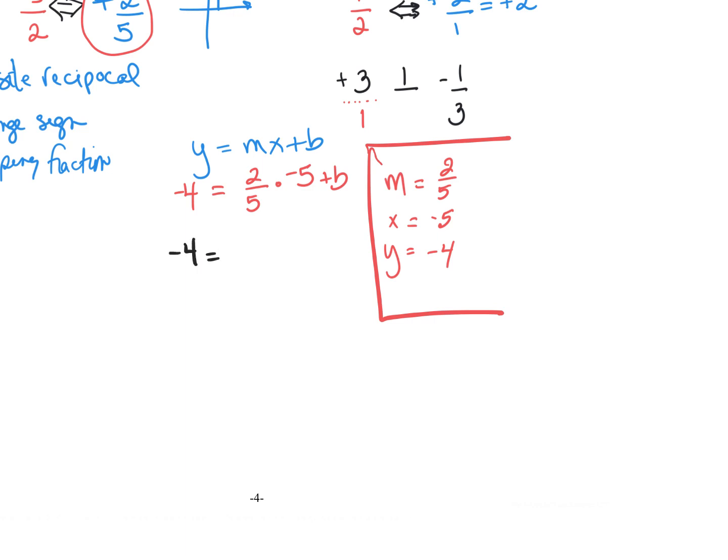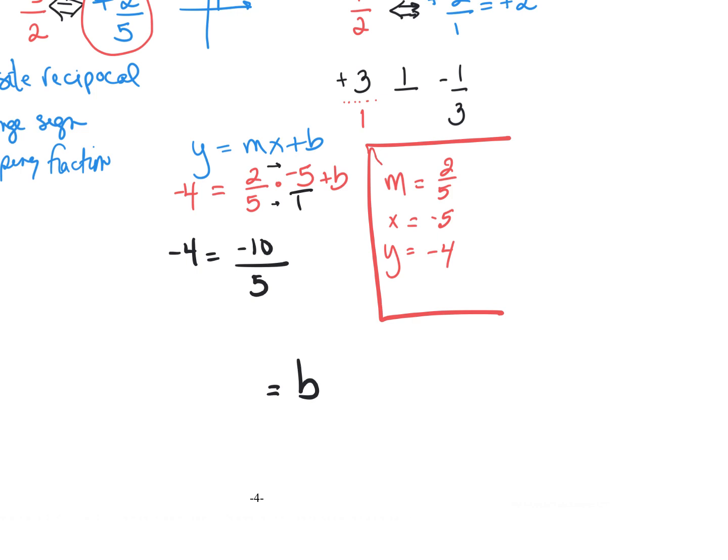First thing I'm going to do is multiply my m and my x, because I need to solve for b. We're always solving for a new y-intercept when we're writing the equation of a line. And don't forget, when we multiply fractions, we multiply straight across. So I'm going to get -10 over 5.